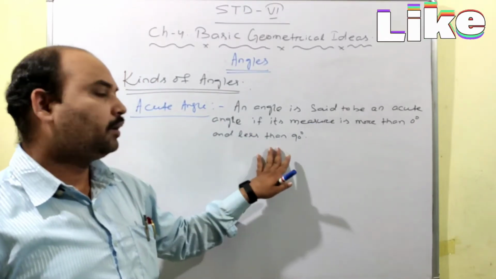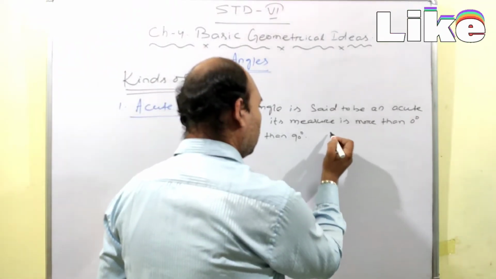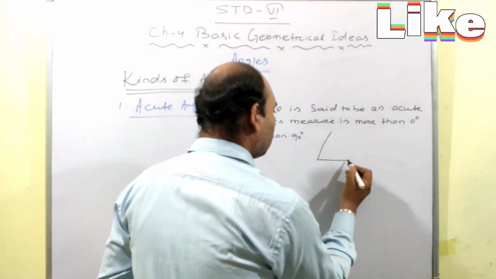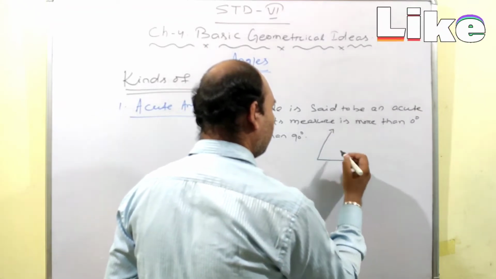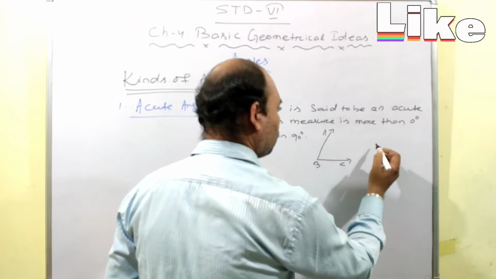This type of angle is known as an acute angle. See some figure. It is one angle. It is angle ABC.